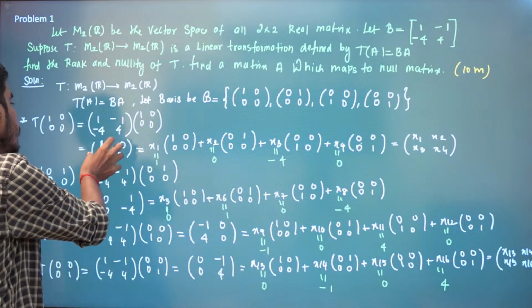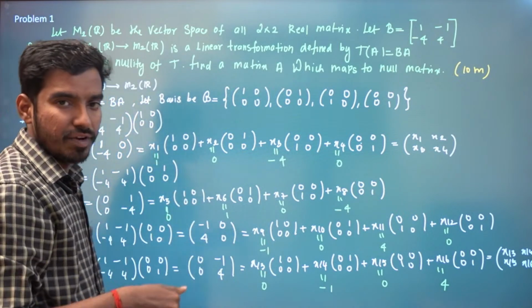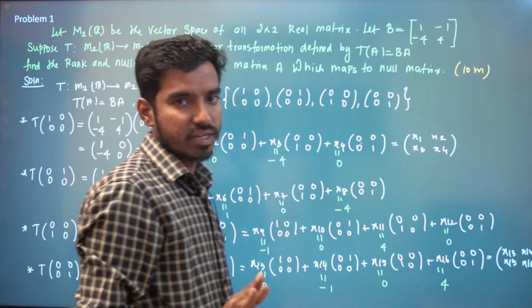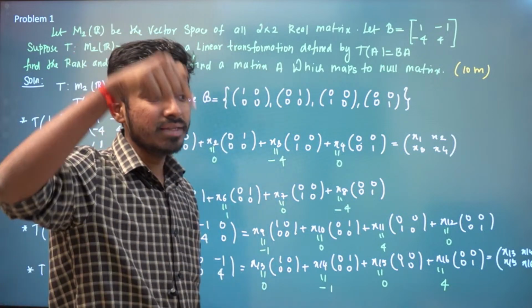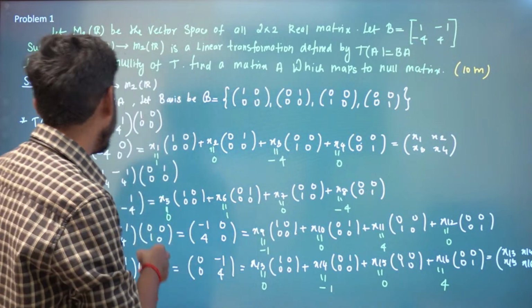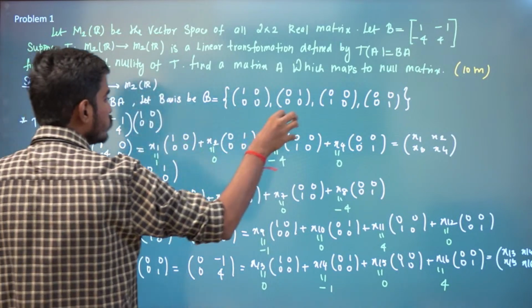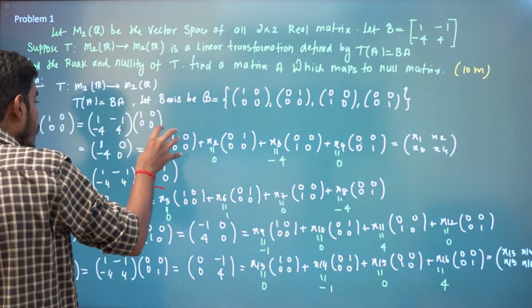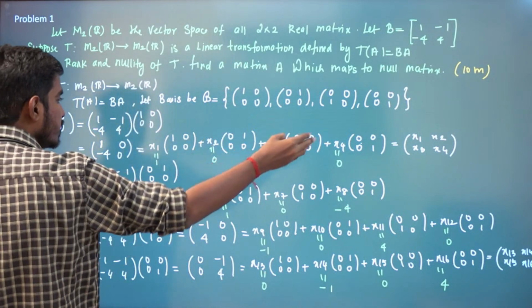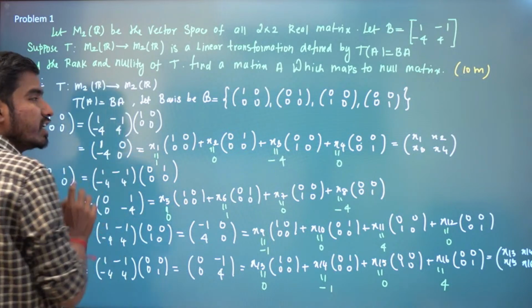See, you should always go with the general format. Simply you should not write this as columns. If it is a standard basis, then it will work. If it is not a standard basis, what do you have to write in the first column? You have to write this combination x1, x2, x3, x4 as the first column. If it is a standard basis, then x1, x2, x3, x4 turns out to be this x1, x2, x3, x4.